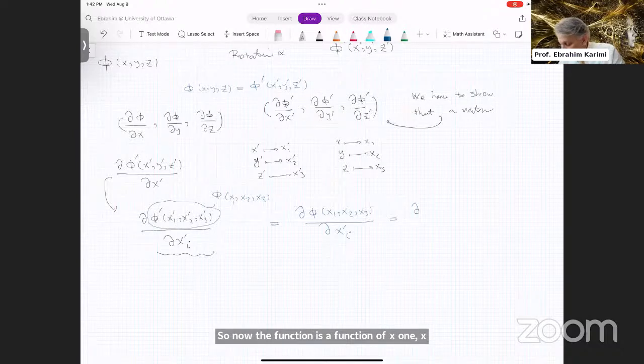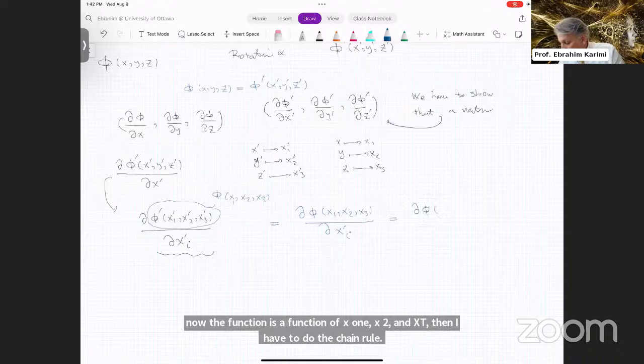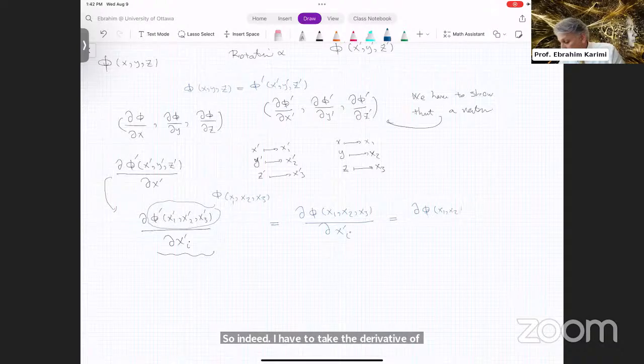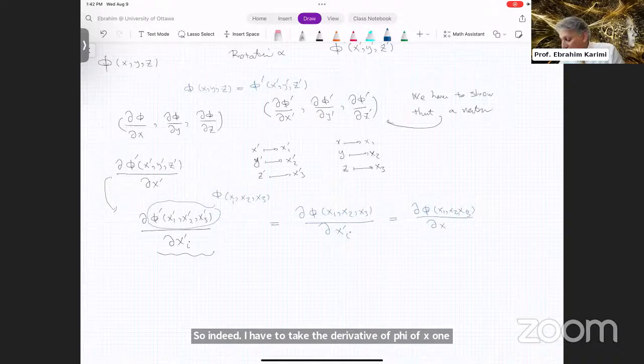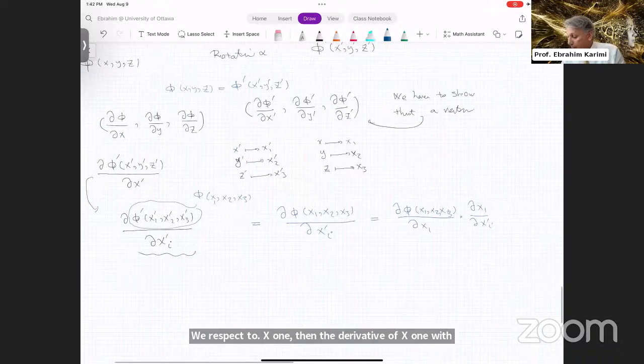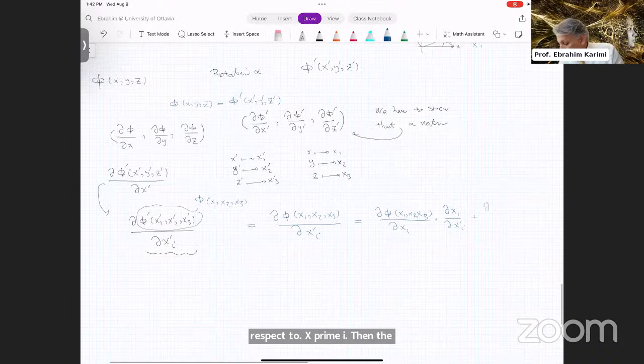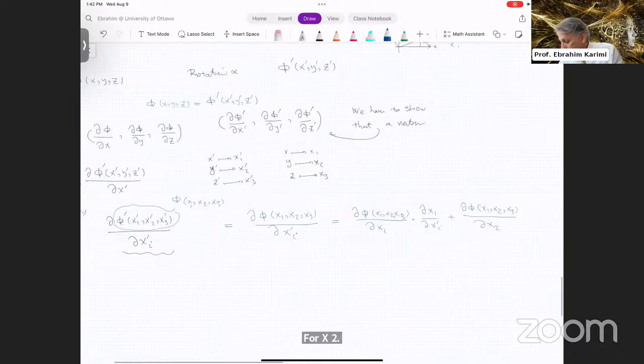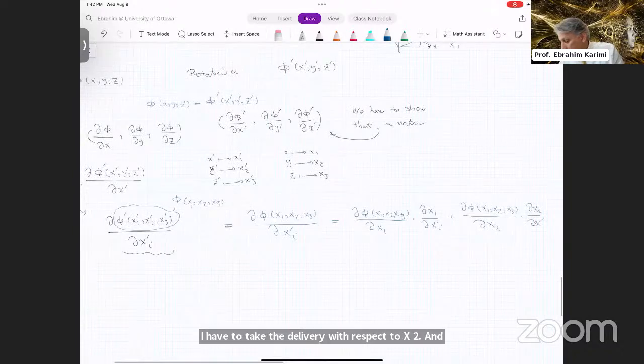So indeed, I have to take the derivative of phi of x1, x2, and x3 with respect to x1, then the derivative of x1 with respect to x prime i. Then the same for x2: the derivative with respect to x2, and then the derivative of x2 with respect to x prime i.